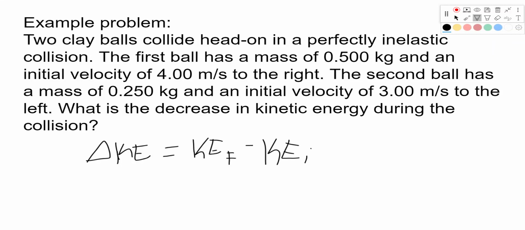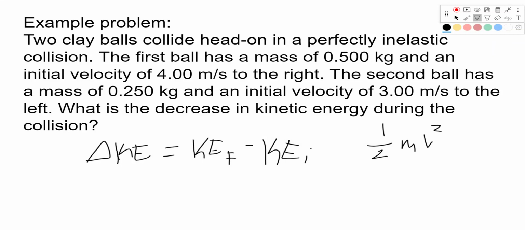And then that can be broken down even further where we remember that kinetic energy is 1/2 mass times velocity squared. So we can do that for kinetic energy final and for kinetic energy initial. And then we're also going to have to keep in mind that we have two objects. Okay, so it's going to leave us with some slightly more complex equations.